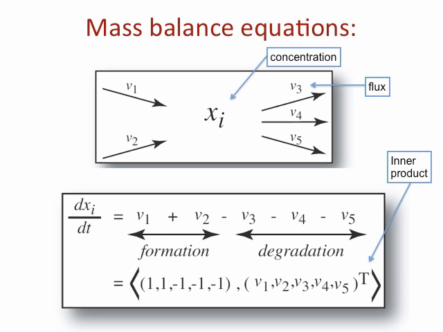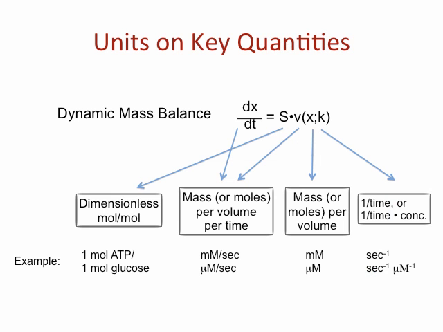We can write out a mass balance like this on every compound in the network that we have defined. When we do that, we get a matrix equation as shown over here. Now we have the time derivative of a vector x that has all these x sub i's as entries in it. On the right-hand side of the equation, we now have a matrix S, and every row of that matrix is the same sort of vector as we saw in the previous slide.